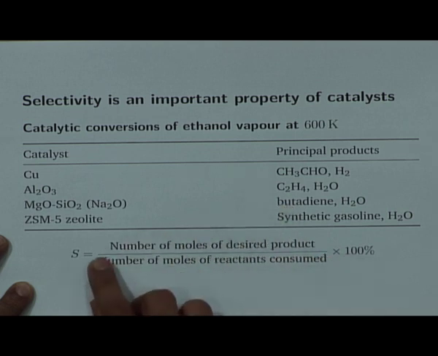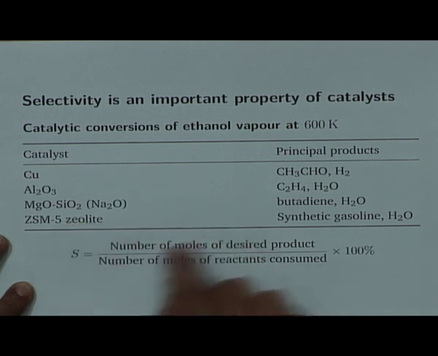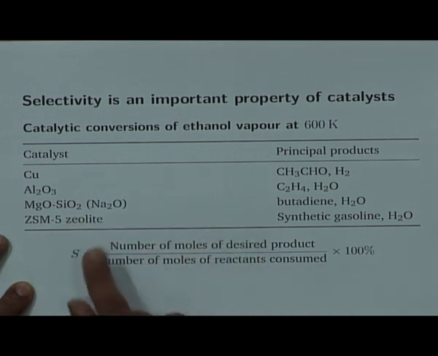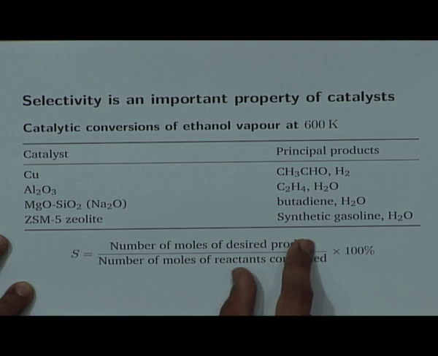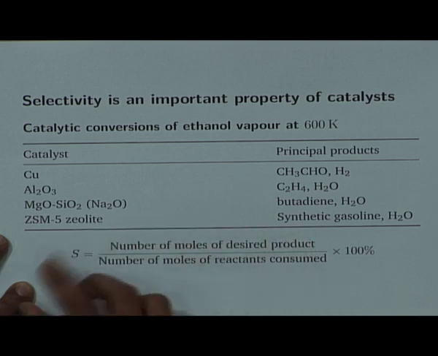And so, one is interested in what is called the selectivity. For the number of moles of reactants consumed, I am looking at how much of the desired product I get. So, imagine I started with 1 mole of ethanol.